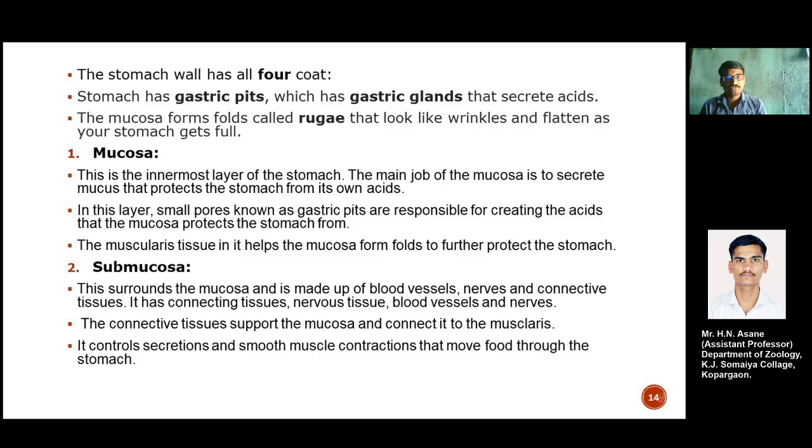These three types of glands are present in the stomach. The gastric and fundic glands are distributed through the greater part of the gastric mucosa.